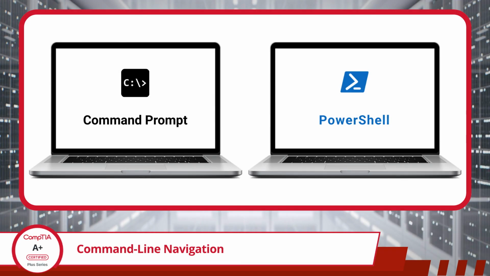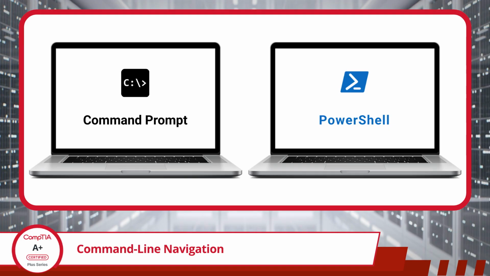In Windows, the two main CLI tools you'll encounter are Command Prompt and PowerShell. Command Prompt is the traditional tool that has been part of Windows for many years and is commonly used for basic file navigation and system tasks, like the commands we'll be covering in this video segment. PowerShell builds on that foundation and provides more advanced capabilities.